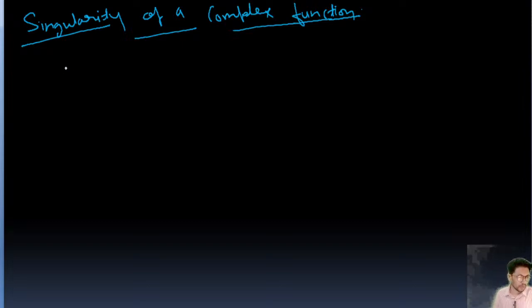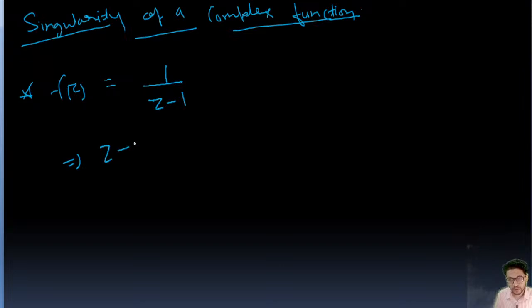Okay, so I'll give an example first. Suppose there's a function f(z) equal to 1 upon z minus 1. So we'll put the denominator equal to 0: z minus 1 equal to 0, that implies z equal to 1.